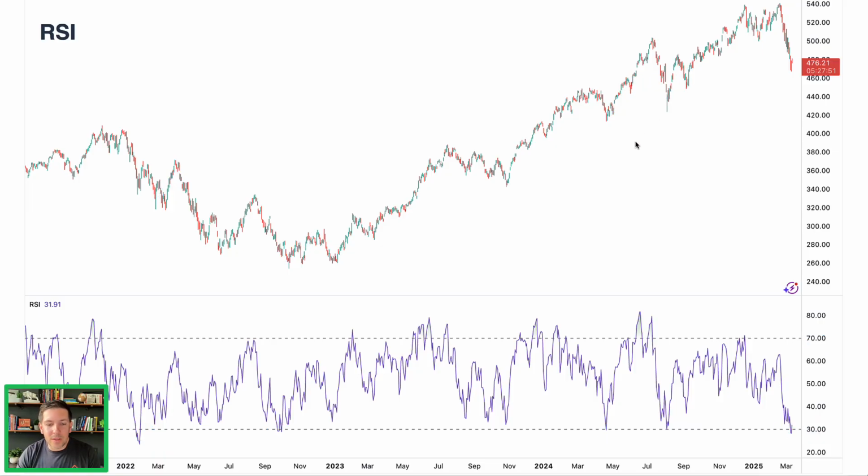You also see on the top side where you have these readings above 70, things are super, super hot, maybe too hot. And that means that it's going to start to at least decelerate in pace or start to turn over. And these are, I think, a little bit tougher with RSI. I think you have to take these ones with a little bit more grain of salt, only because, again, it doesn't mean that it's going to make this V-shaped reversal.